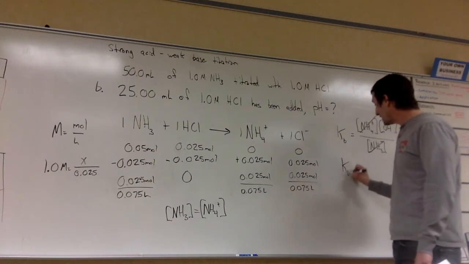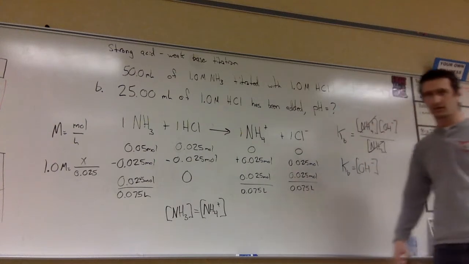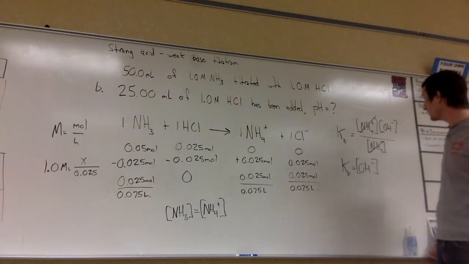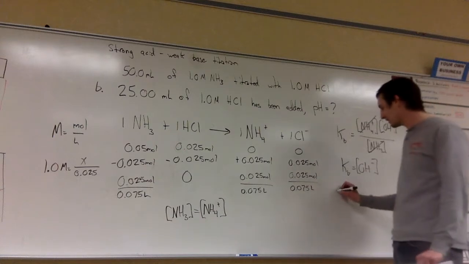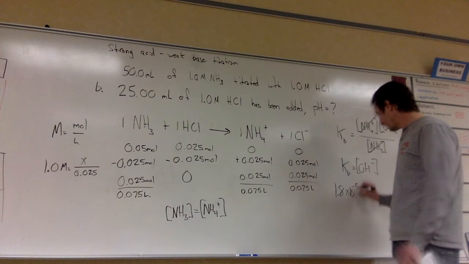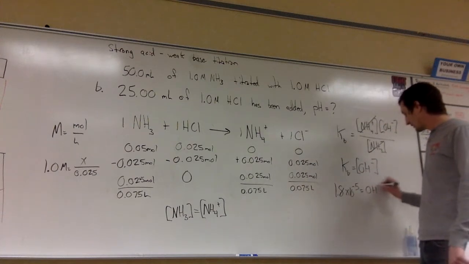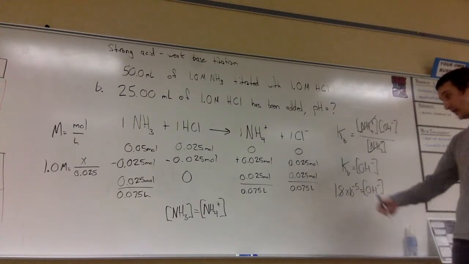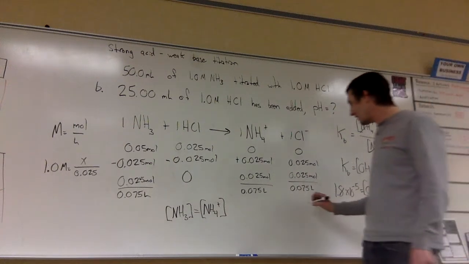So Kb is equal to the hydroxide ion concentration, which ends up making our math really pretty easy because, like we said before, we actually know Kb in this case. Kb is 1.8 times 10 to the minus fifth, which means our hydroxide ion concentration is 1.8 times 10 to the minus fifth, which means, once again, if you know hydroxide ion concentration, you can find pOH.